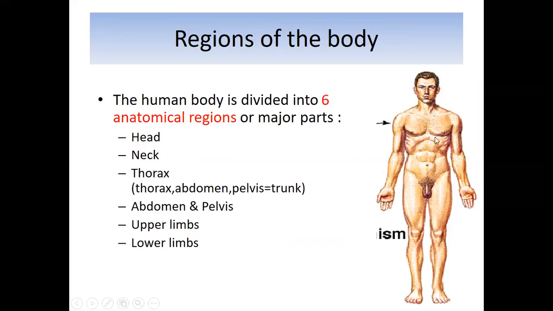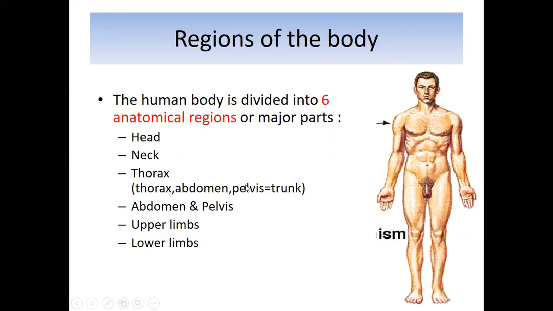Sorry, the thorax is specific, but then there is the trunk. The thorax is an individual region. But if you want to put it as a whole, that is the trunk.